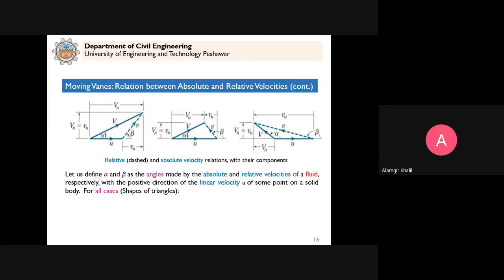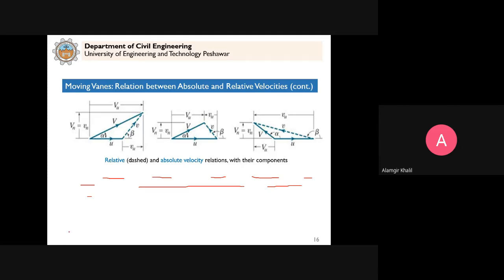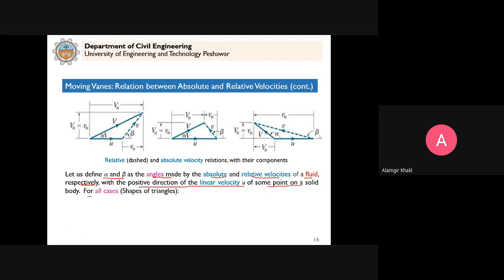So we define these two angles, alpha and beta. These are the angles made by the absolute and relative velocities of a fluid respectively with the positive direction of linear velocity u of some point on a solid body. So now the second body, which is a blade or vane, will move with a linear velocity u.